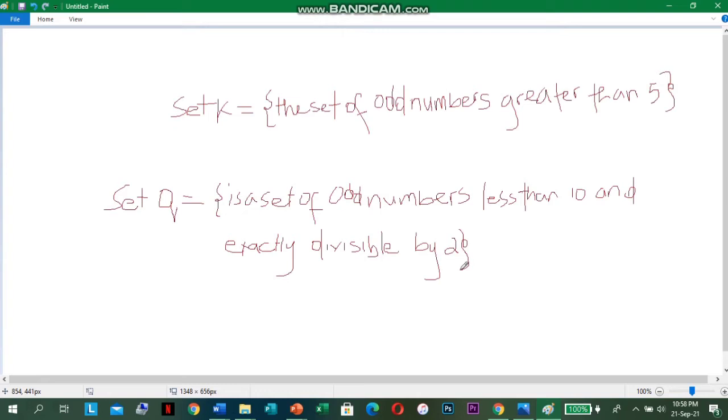Because odd numbers cannot be divided exactly by 2. It will give you a remainder. Odd numbers will give you a remainder.